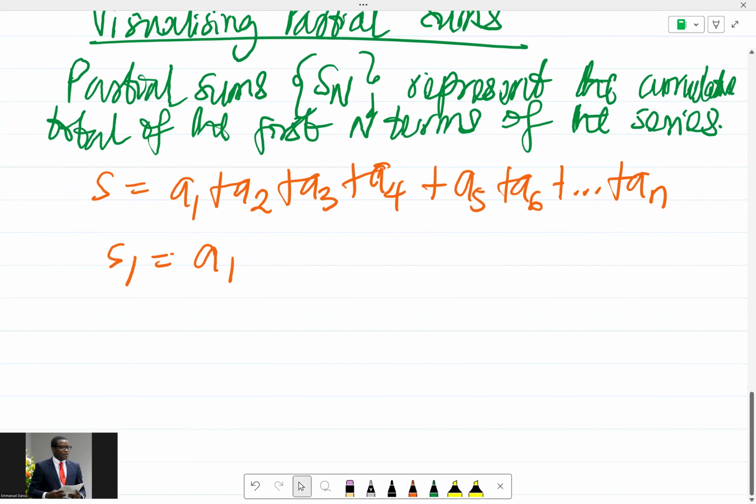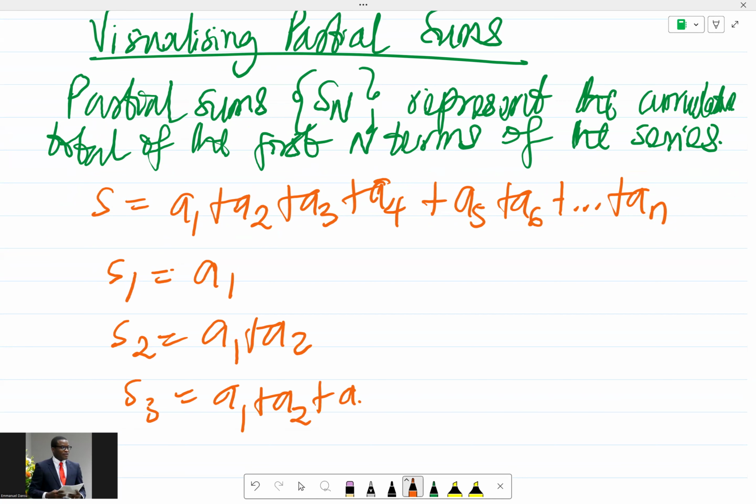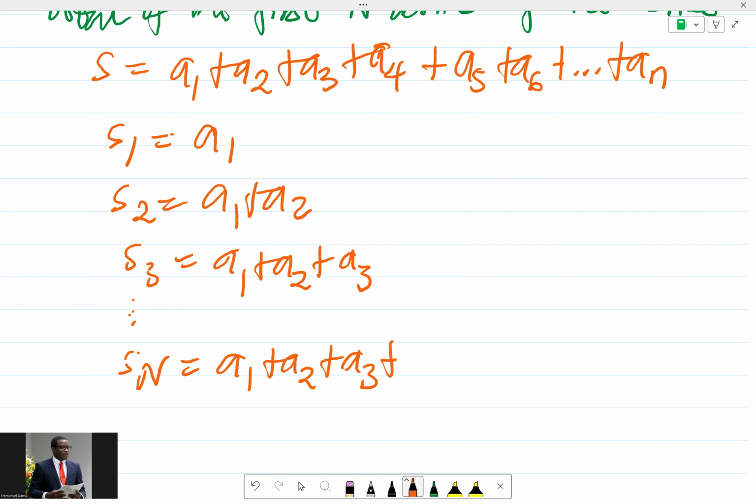S2 is A1 plus A2. S3 is A1 plus A2 plus A3. It keeps growing like that until you get to the whole Sn, where you have A1 plus A2 plus A3 down to the last, which is An. These are partial sums: S1, S2, S3, and it goes on until you get to Sn.